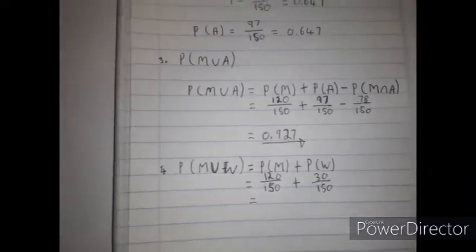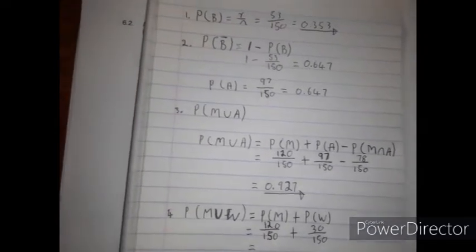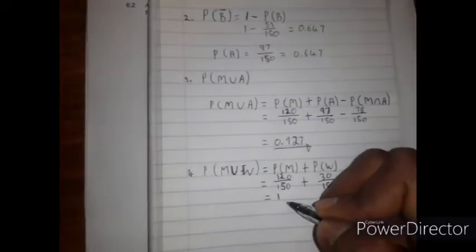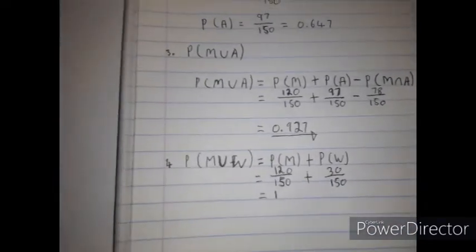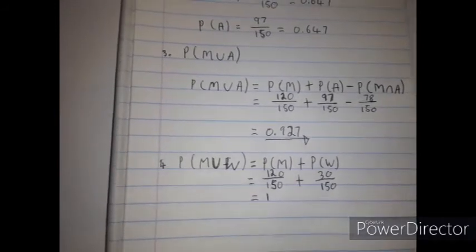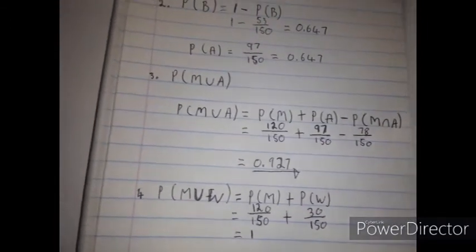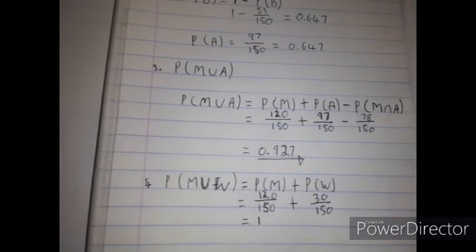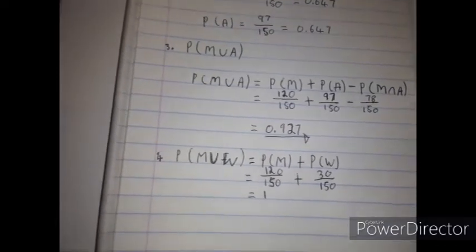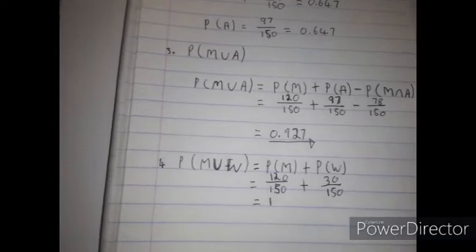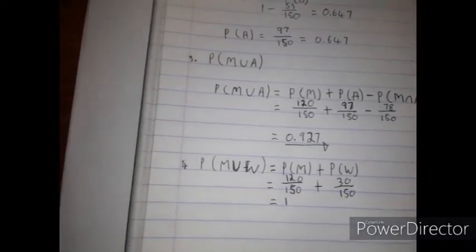So the probability of men or women is 120 over 150 plus 30 over 150, which is equal to 1. The answer is 1. So when your answer is 1, you can say when you interpret it, these events are collectively exhaustive.